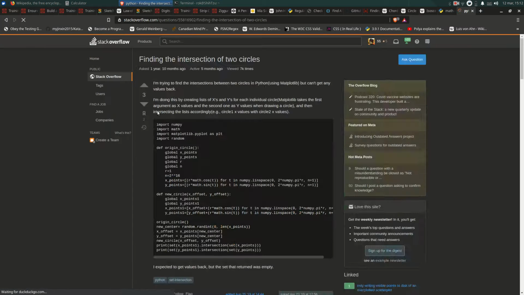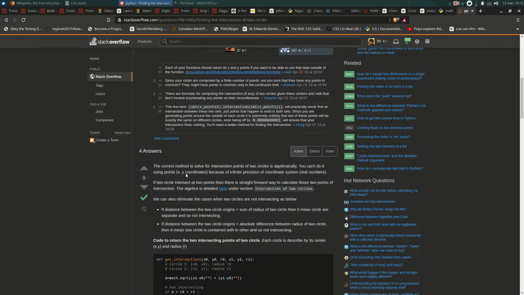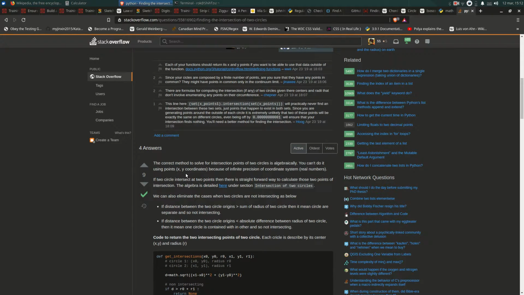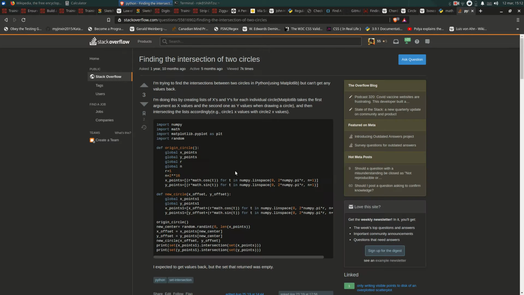Finding the correct method to solve for points of 2 circles algebraically. You can do it using points because of infinite precision of coordinate system, real numbers. Trying to find intersection between 2 circles in Python using matplotlib, but I can't get any values back. I'm doing this by creating a list of x's and y's for each individual circle.